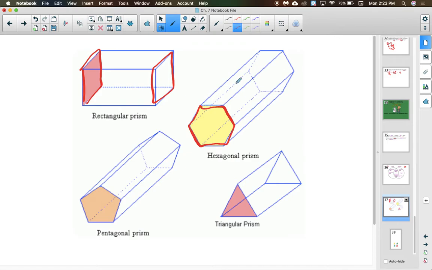So here's one hexagon, here's the other hexagon base, and all the sides that connect them are rectangles. Here's a pentagonal prism. Base 1 is a pentagon, the second base is a pentagon. Notice the two bases are always congruent, and the shapes connecting them are all rectangles. And this is called a triangular prism because here's a triangle and here's the other triangular base, and all the sides connecting them are rectangles.